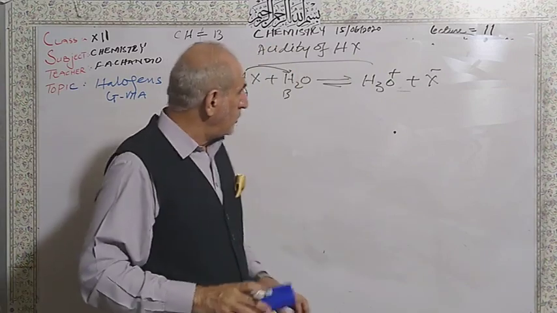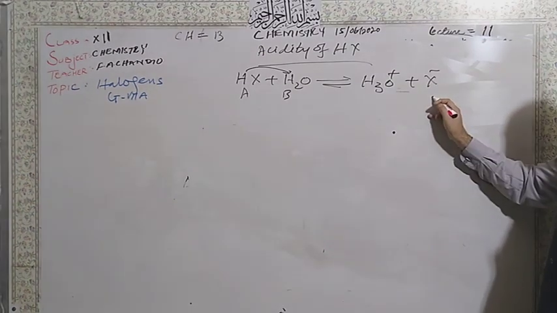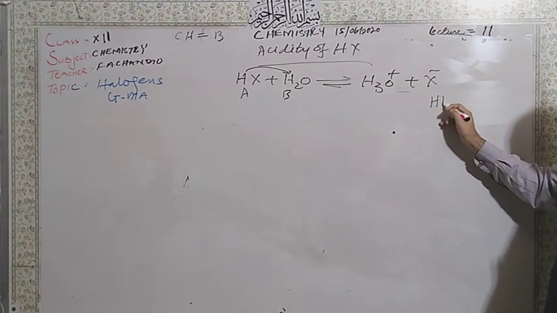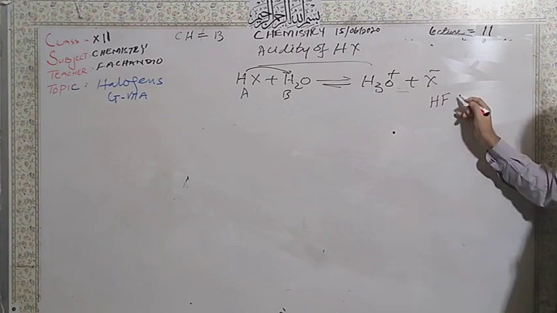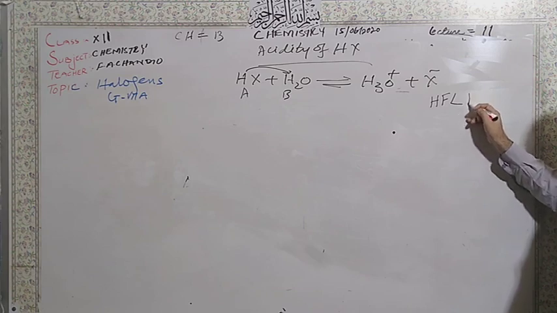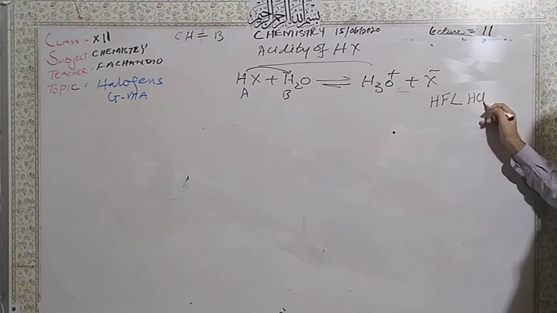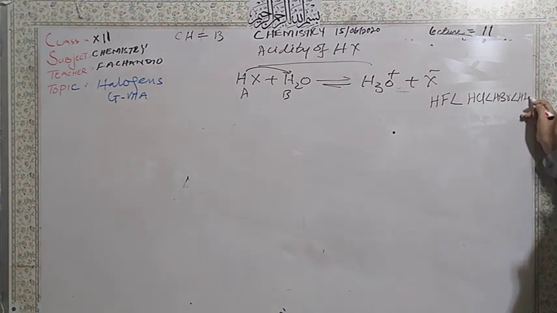If you compare the hydrogen halides, hydrogen fluoride is the weakest acid, meaning it is less acidic than hydrogen chloride, less acidic than hydrogen bromide, and less acidic than hydrogen iodide.